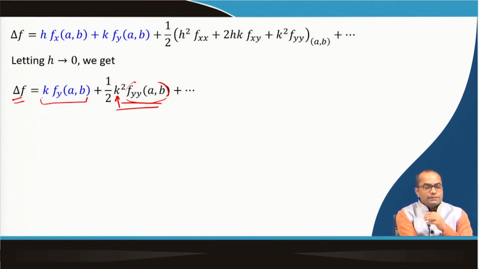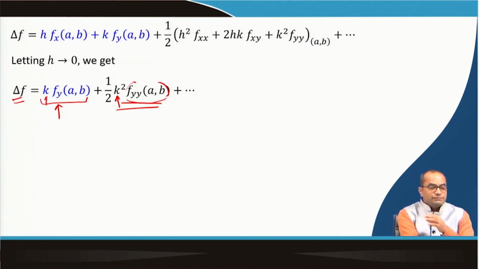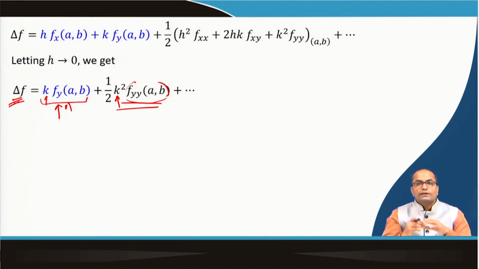So there will be a neighborhood where the sign will depend only on the first term, because f_yy is some given value at that point. So the sign will depend on k. If k is positive, the sign of delta f will be positive, if k is negative, the sign will be negative, because that will depend only on the first term, not on the sign of the second term.